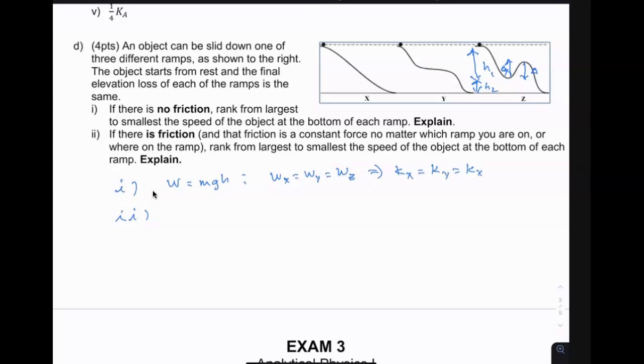Well, if you examine the total length that the object must travel, you see that the length of travel in x is less than that of y, which is less than that in z. And we know that the work done by the friction is equal to minus f sub k times d.